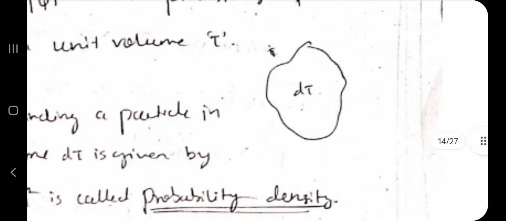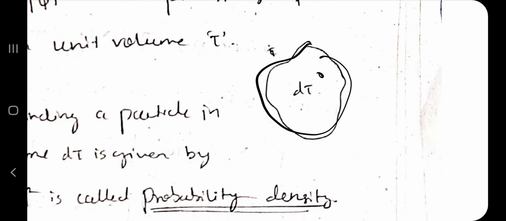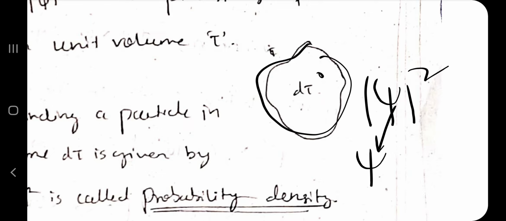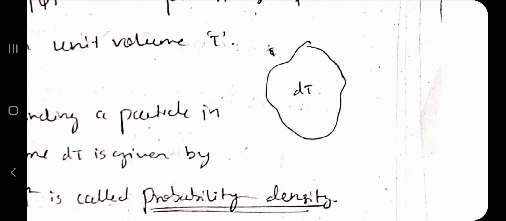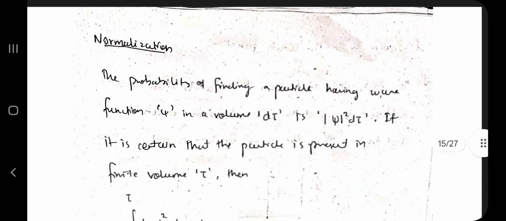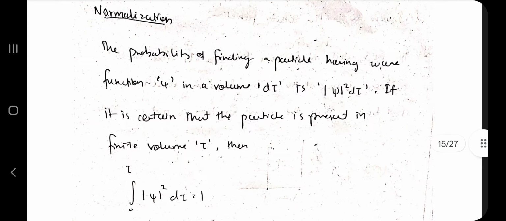If this is the unit volume and there is a particle here, then this is the probability of finding the particle in the volume tau, and this is the wave function. This is called probability density, meaning where we can find the particle. Here are some things you need to know, like normalization.